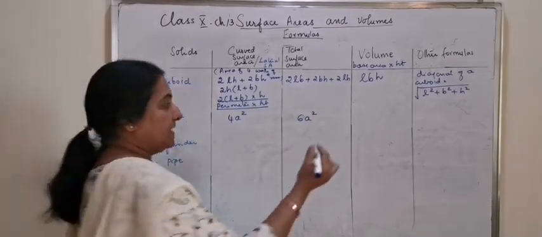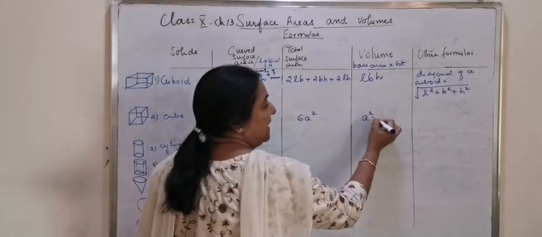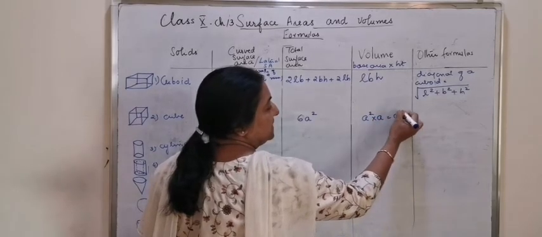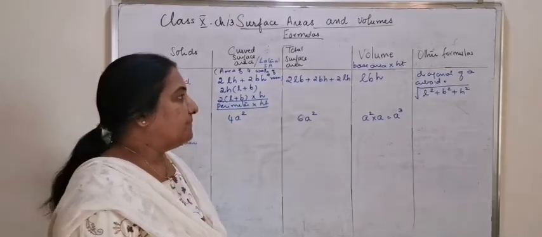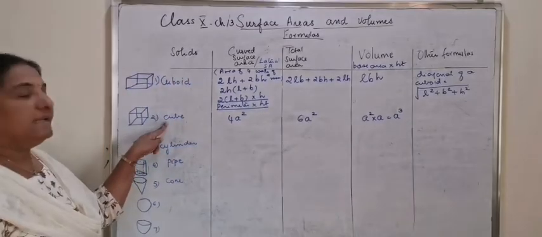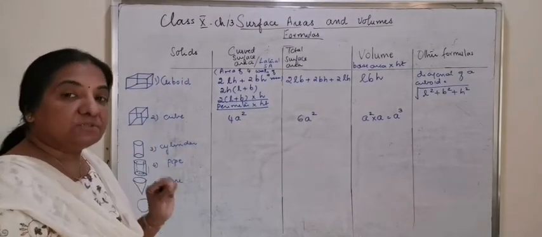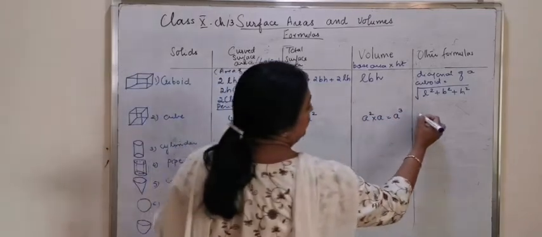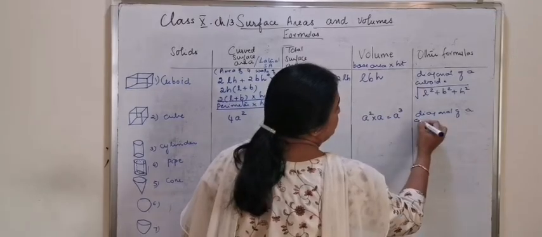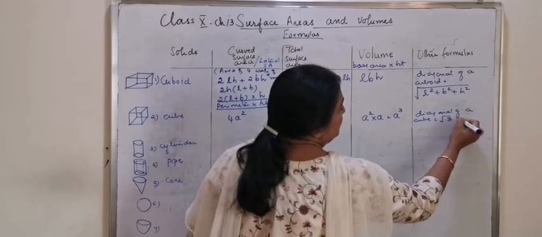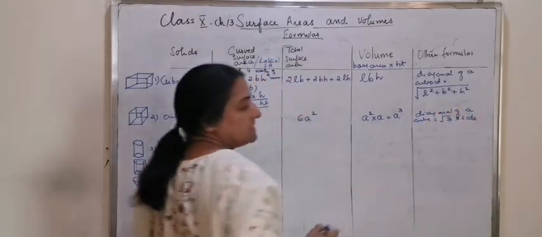Volume is, the base is A square, height is also A, which shows that the volume of a cube is A cubed, and the diagonal of a cube is root 3 into side. Diagonal of a cube is equal to root 3 into side.